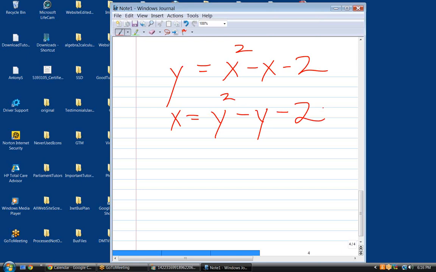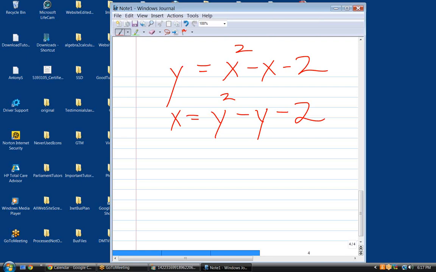Can you solve that for y? No. Very difficult. In fact, for the math you've been taught at this point, you don't know how to solve that for y. There is a way, but it's not easy.